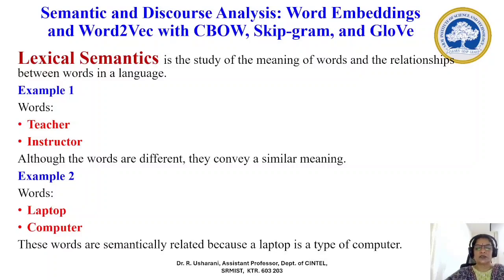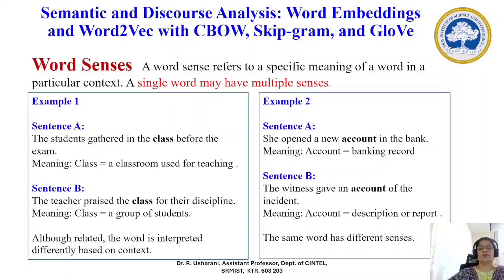These words are semantically related because a laptop is a type of computer. So humans understand this easily, but NLP systems need semantic analysis to identify correct senses. So we need a way to represent words meaningfully.